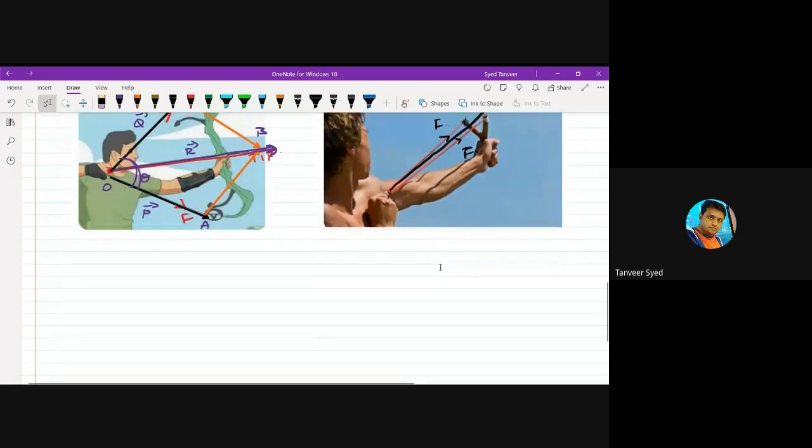Or if you take rowing of a boat, you have what you call paddles.